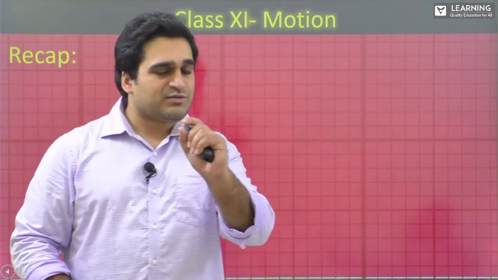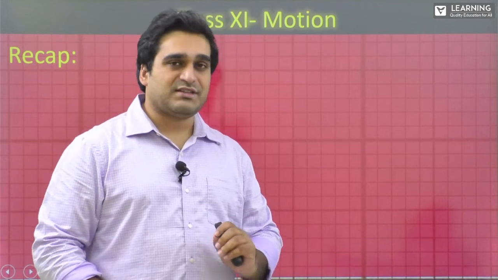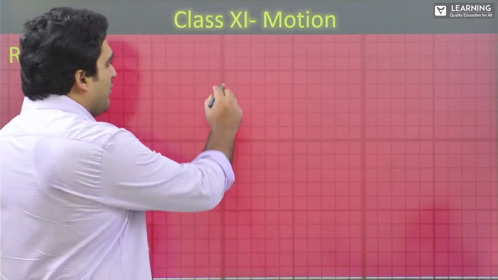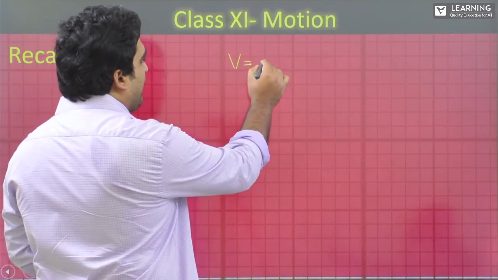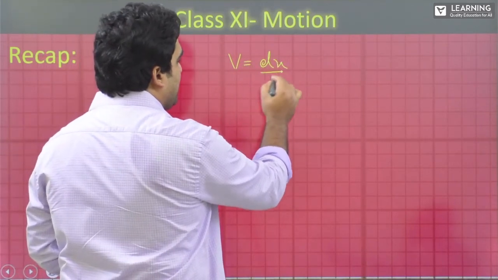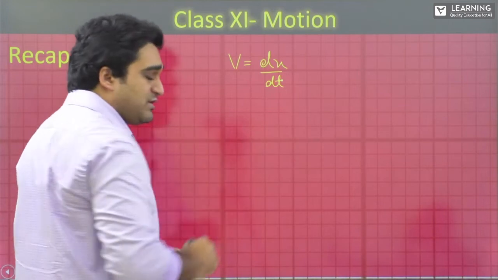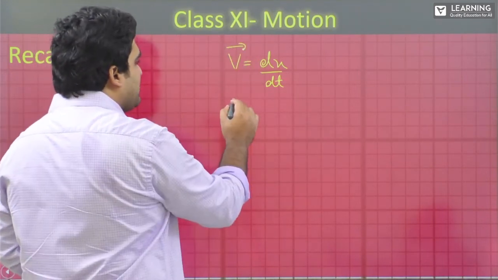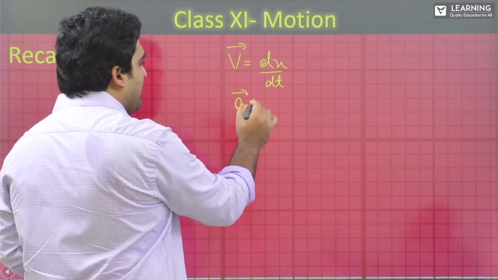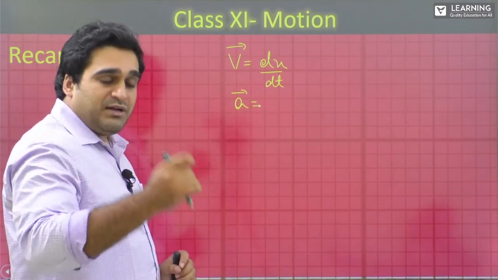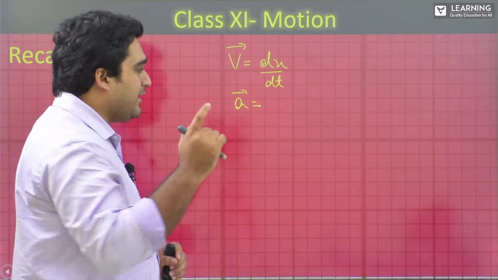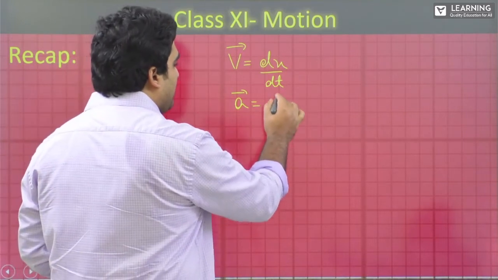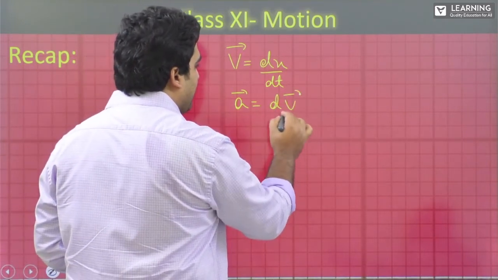For that, a small concept that I'm going to discuss related to differential calculus. First, we notice that v can be defined by dx by dt, called the instantaneous velocity. Similarly, acceleration a at a given instant of time can be identified by dv by dt.